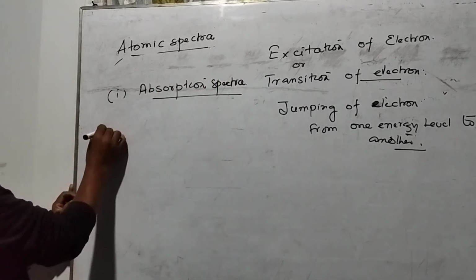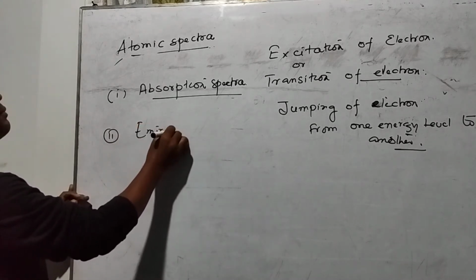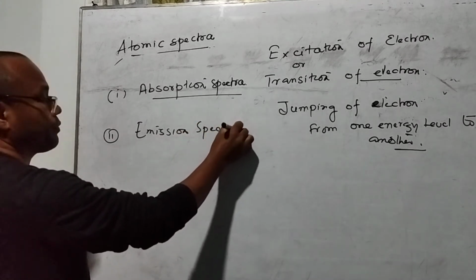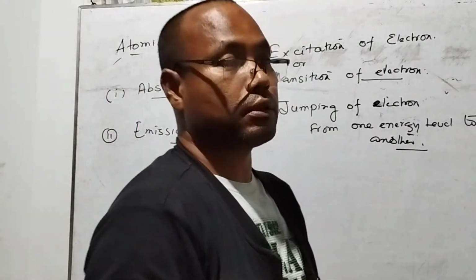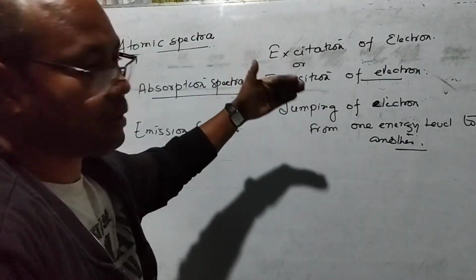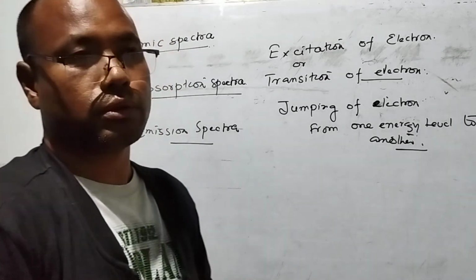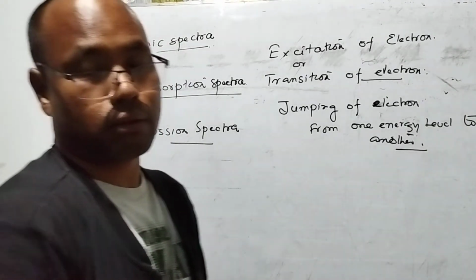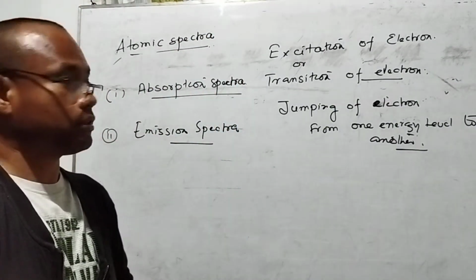Here there are two types of atomic spectra we can consider, due to the different phenomena of excitation of the electrons in our atoms. Number one type is the absorption spectra, and the second one is the emission spectra, right?